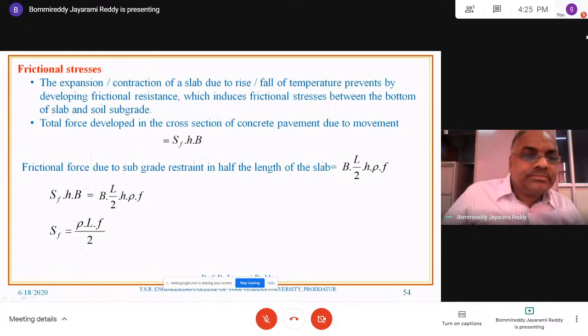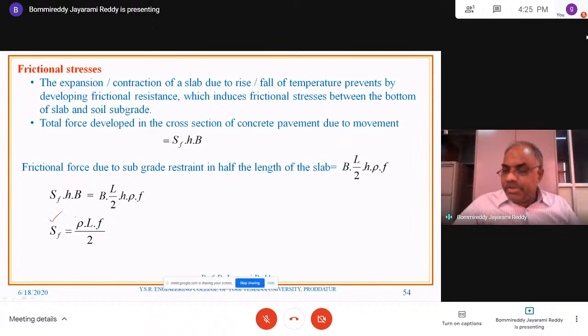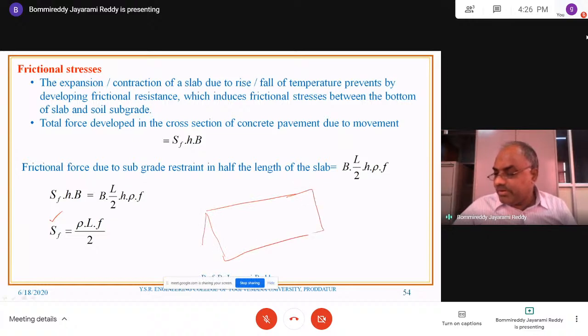Now, frictional stresses. Now let us compute what is the magnitude of the frictional stress. Already you have seen one diagram. So this is the overall.